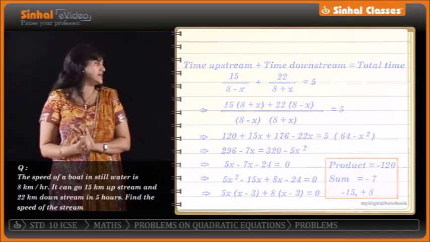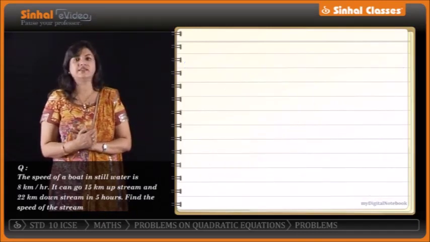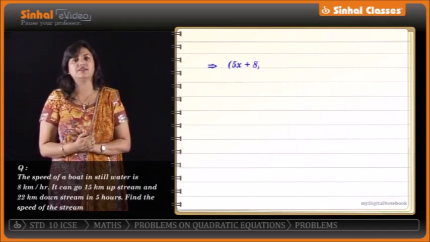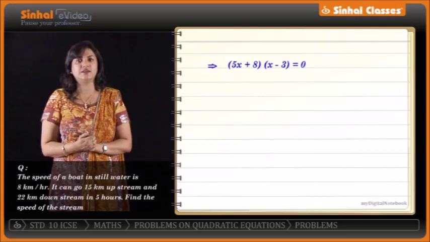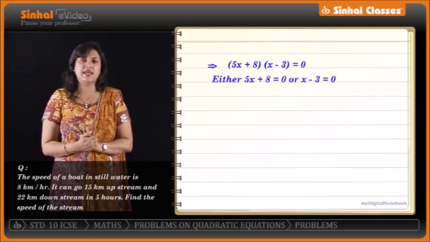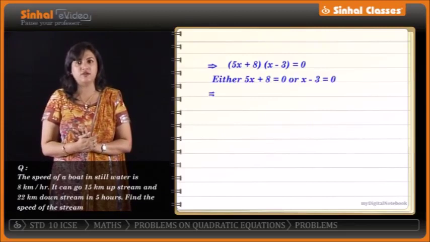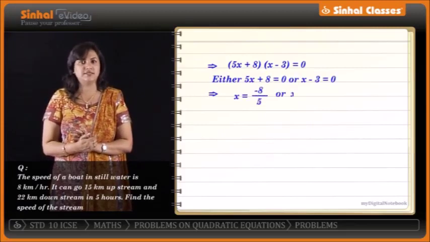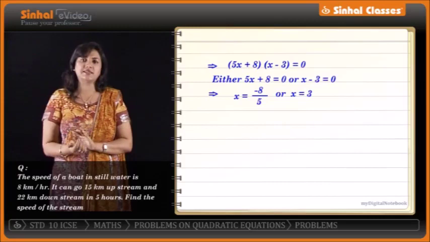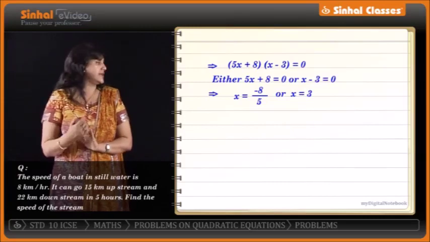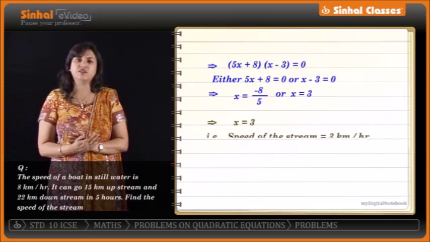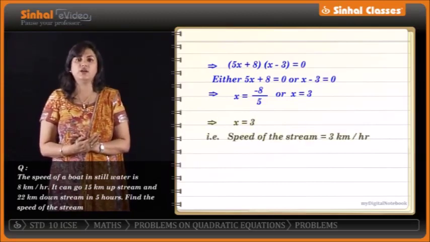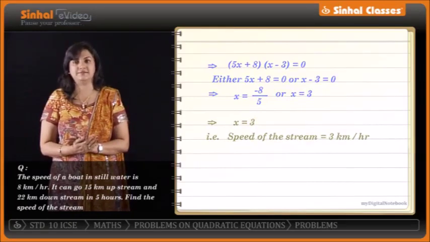Factorize this as 5x plus 8 into x minus 3 is equal to 0. Either 5x plus 8 is 0 or x minus 3 is 0. That is, x is equal to minus 8 upon 5 or x is equal to 3. But x cannot be negative, so x is equal to 3. That is, the speed of the stream is 3 km per hour.